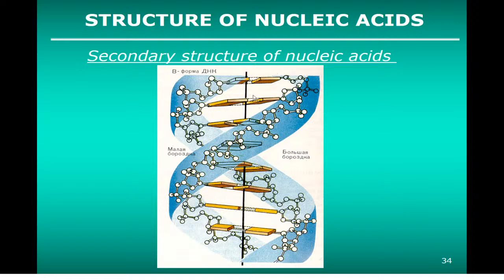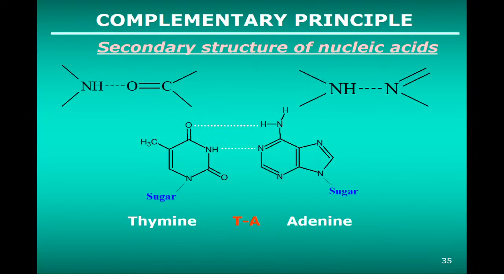The number of hydrogen bonds between nitrogenous bases is strictly fixed, either 3 or 2, and we will see how these bonds are formed and how the secondary structure of DNA is stabilized. So more complete explanation of complementary principle you will get and you will deal with next year in biochemistry. Now we will see how these bonds look like from chemical point of view.